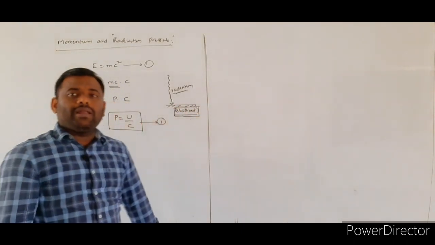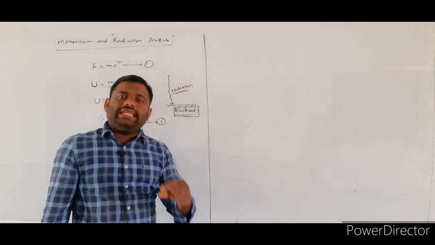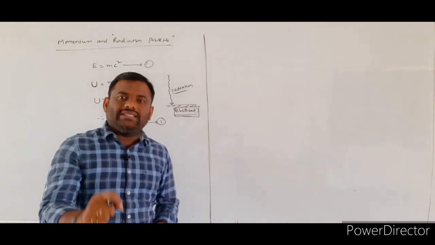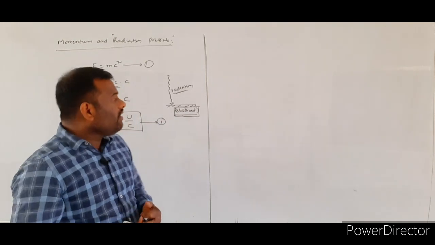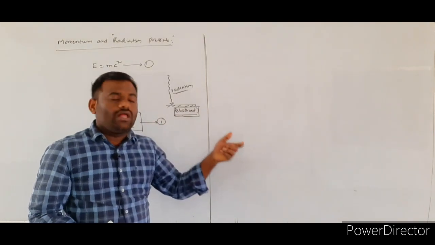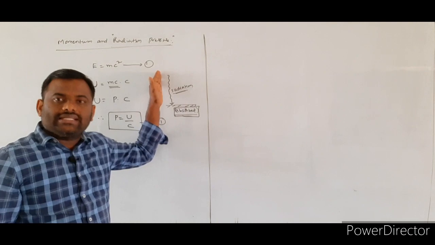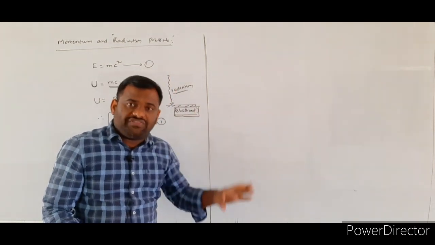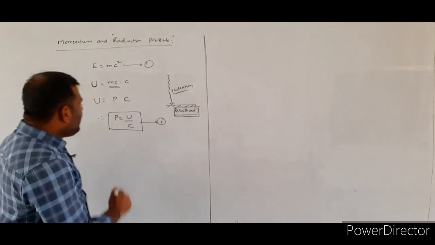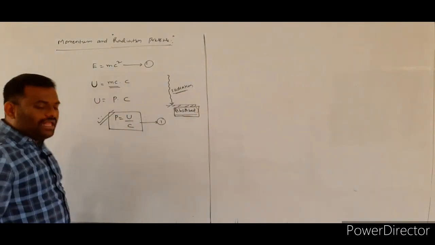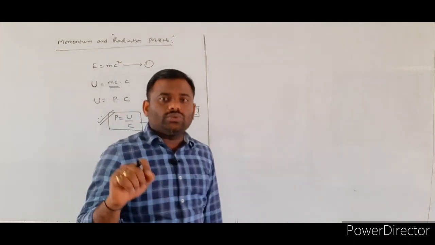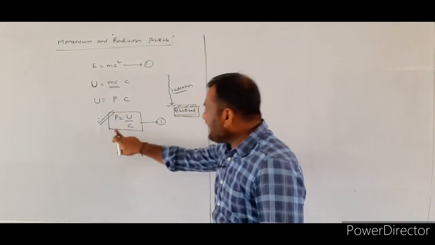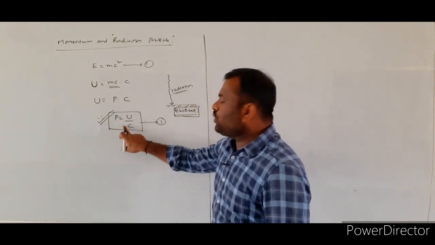Suppose we assume a black body. Over the black body, any radiation incident is completely absorbed. In that case, the momentum transferred from the radiation to the given surface is given by P is equal to U by c.